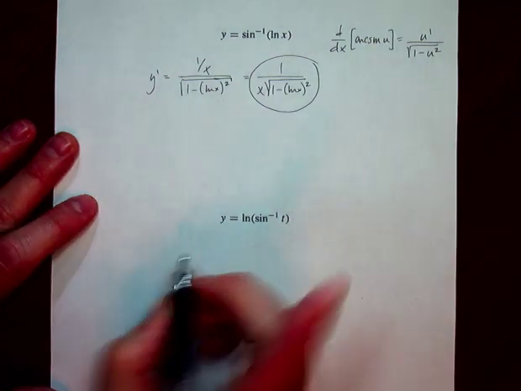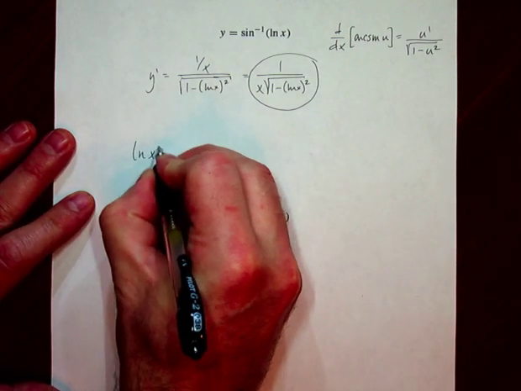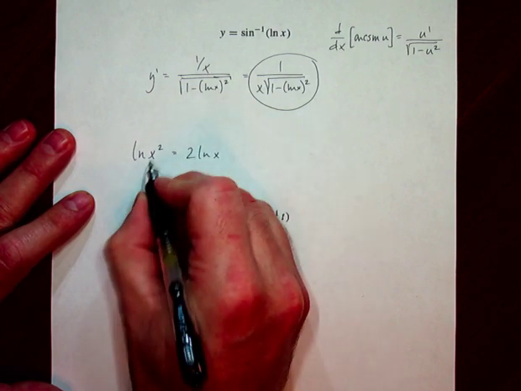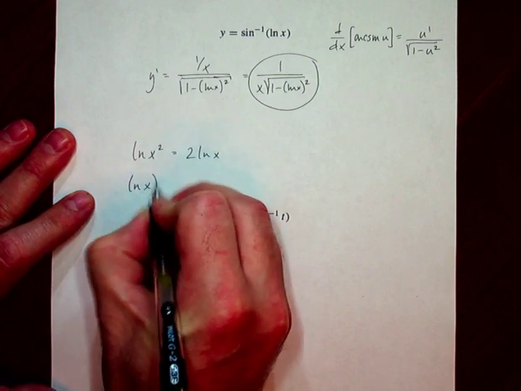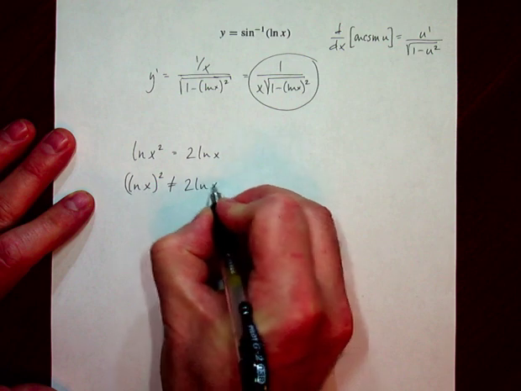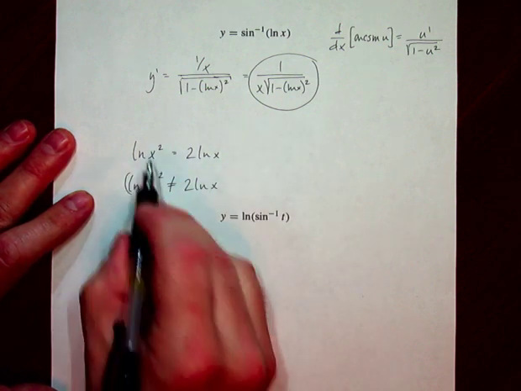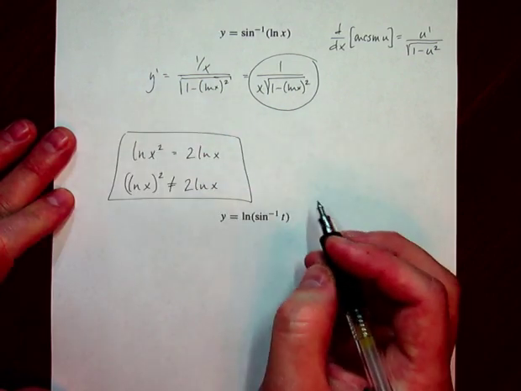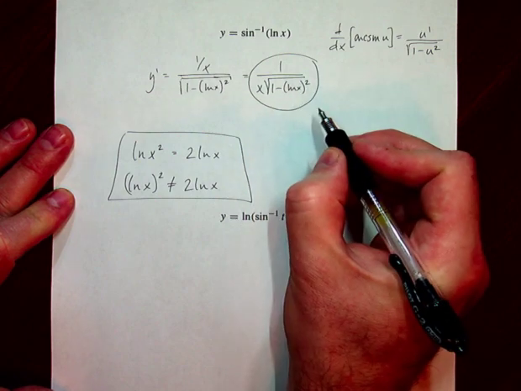Now, you need to remember and be very careful, because the natural log of x squared is 2 natural log x, because the argument is being raised to the second power. But the natural log of x, quantity squared, is not the same thing. This is the whole function being squared, the whole expression. This is simply the x. So remember this, okay? That means that you cannot simplify this down here.